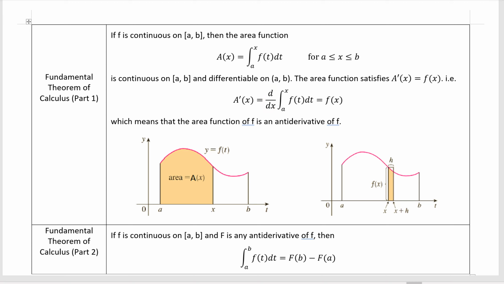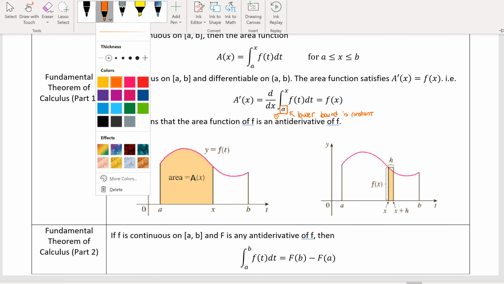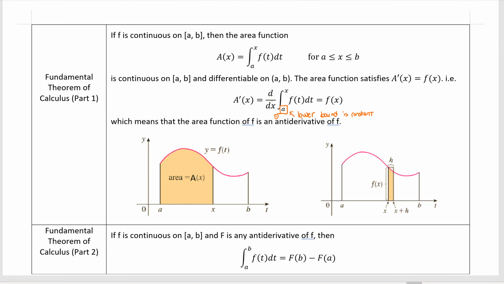So there are two things I want to emphasize. The first thing is you can see this lower bound, or lower limit of integration, is constant. Okay, that's the first thing I want to point out. The second thing is you see this x, they have to be the same.